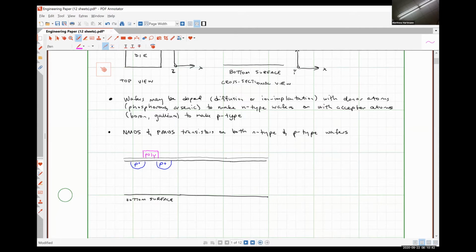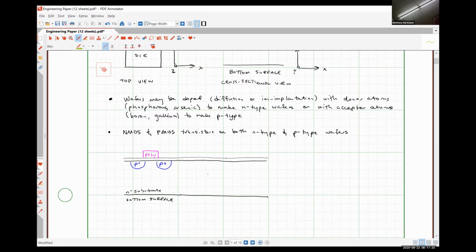If our substrate in this case happens to be an N substrate, this is how we would create a PNP transistor.